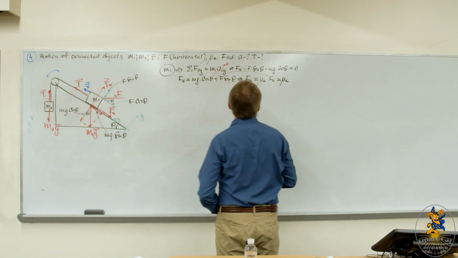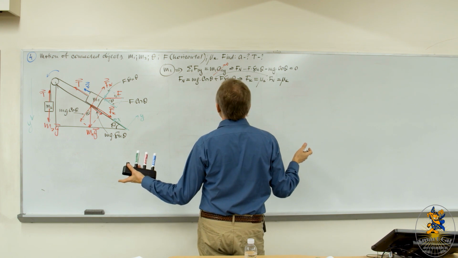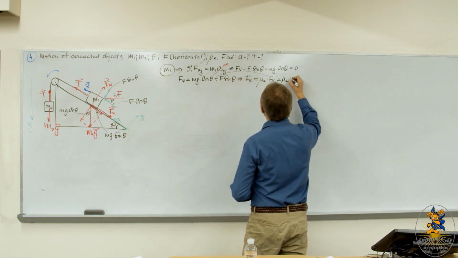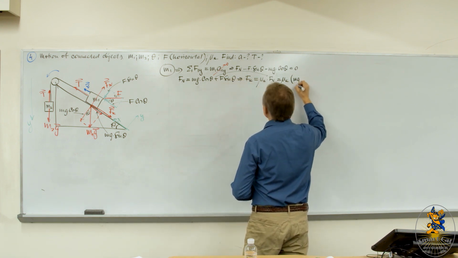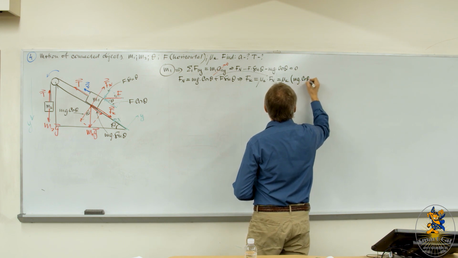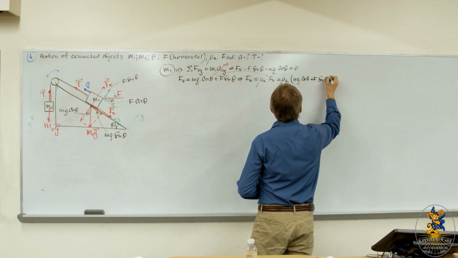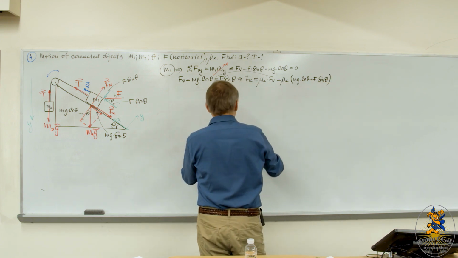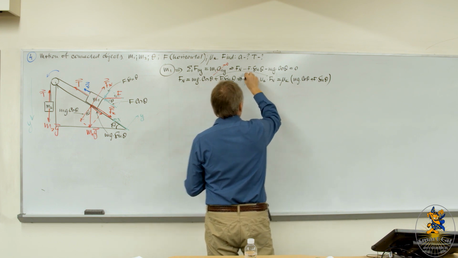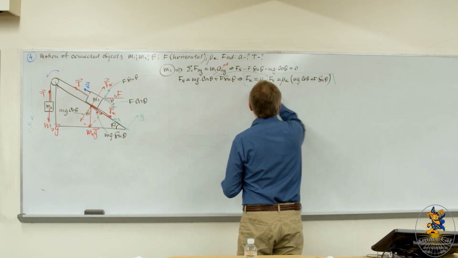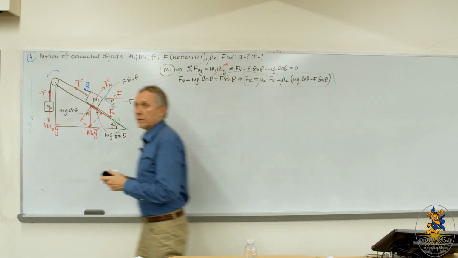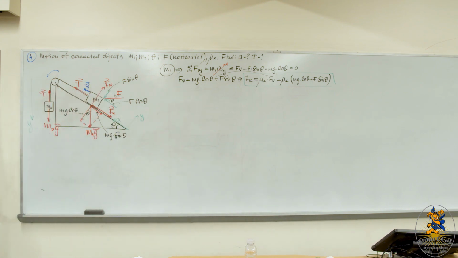Mu k. Can I factor out something? No, nothing can be factored out. Cosine theta plus F sine theta. Okay, so that's the kinetic friction force. It's not the final result, but I will need it in a few minutes.